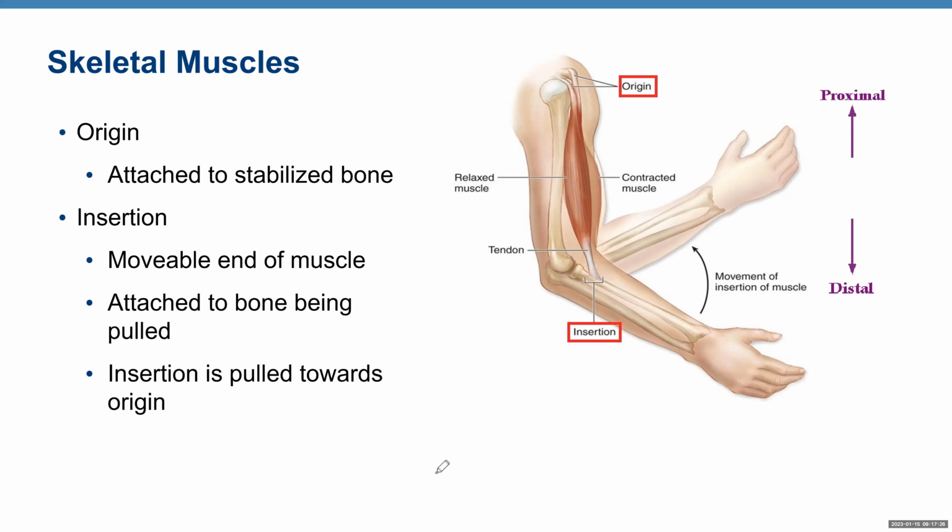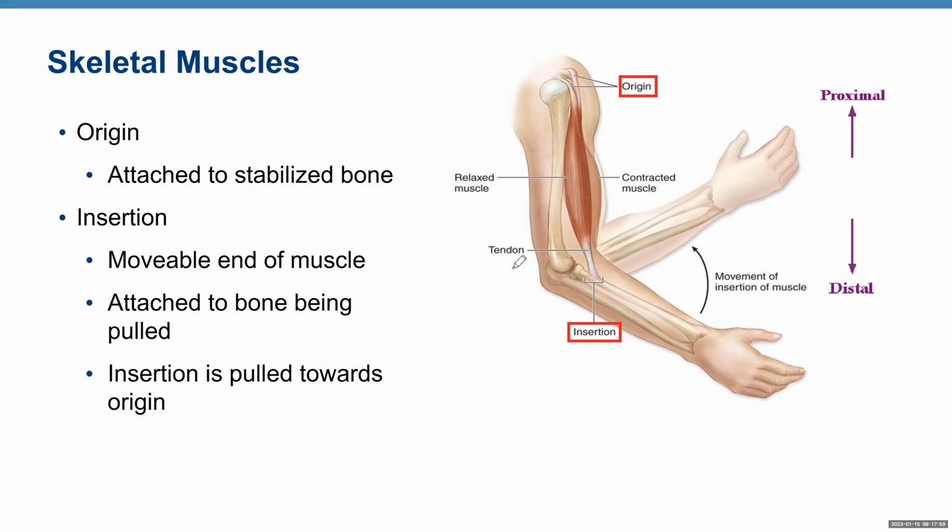On this diagram, you can see the muscle biceps brachii, and we have the origin, that is our scapula, and the insertion, that is the radius. And you can see the muscle goes across the joint. So when a muscle goes across a joint, it can produce movement within this joint.